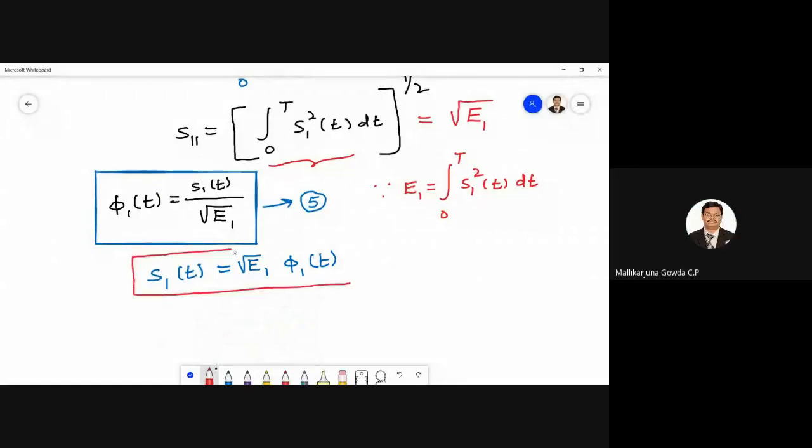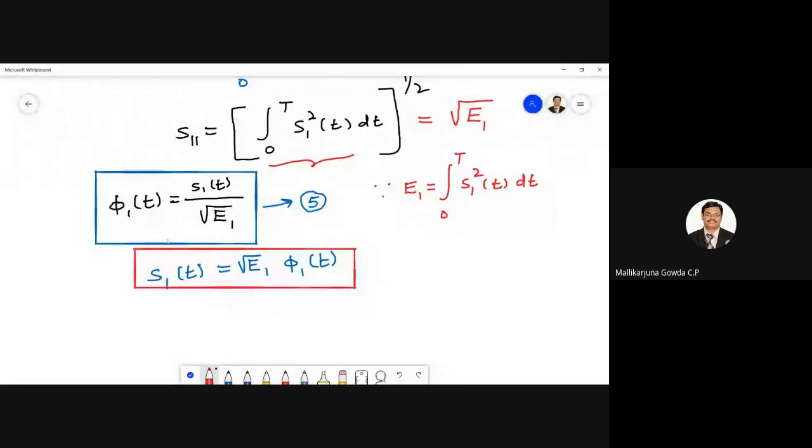So this is what the procedure is. The purpose of the Gram-Schmidt orthogonalization procedure is to determine the orthonormal basis functions and express the set of finite energy signals in terms of those orthonormal basis functions. So how do we do that? This is the first step, in which I could find pi 1 of t, and then express S1 of t in terms of that orthonormal basis function.